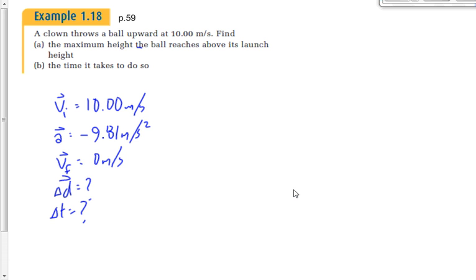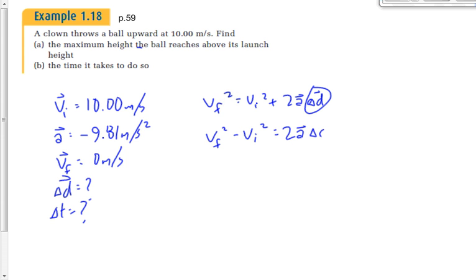Easy part, right? Okay, let's go back to our group B equations. VF squared is equal to VI squared plus 2A times D. Take the VI squared over by subtracting. Take the 2A over by dividing.